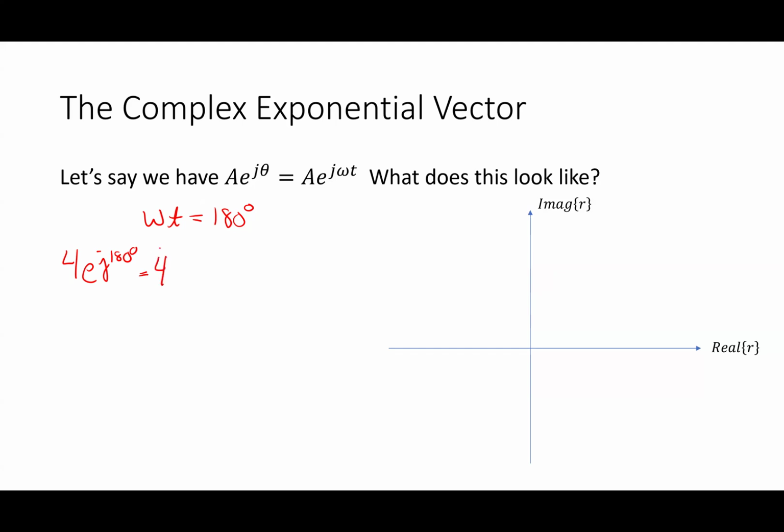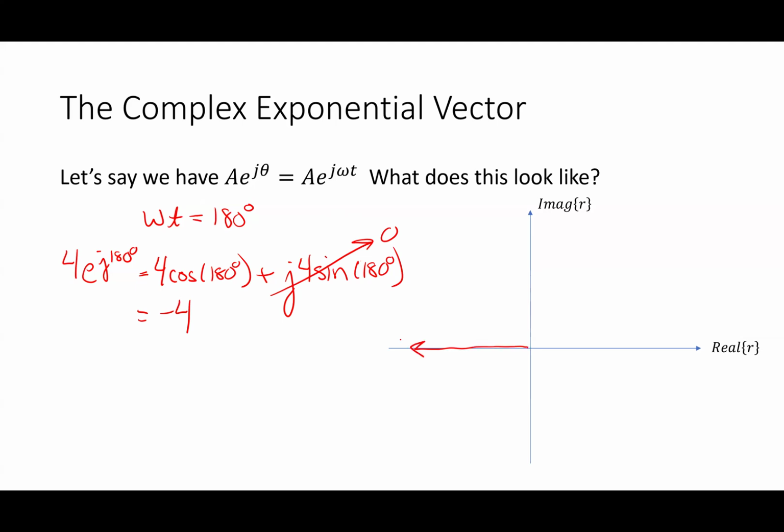I say it's 4 cosine 180 plus j times 4 sine 180. What's the sine of 180 degrees? 0. And what's the cosine of 180? -1. So this guy is -4. All right, where's that in the complex plane? It's on the negative real axis.